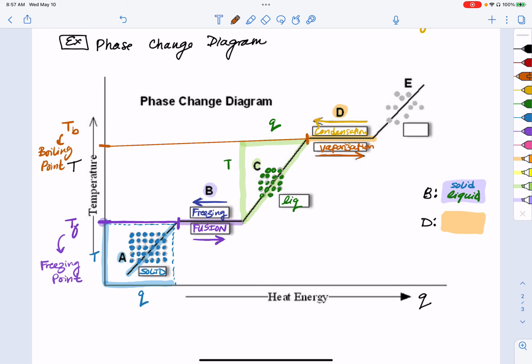Let me do this in order. Let's go low to high. So liquid and vapor are present, where again, B is at the freezing point, and D is at our boiling point.